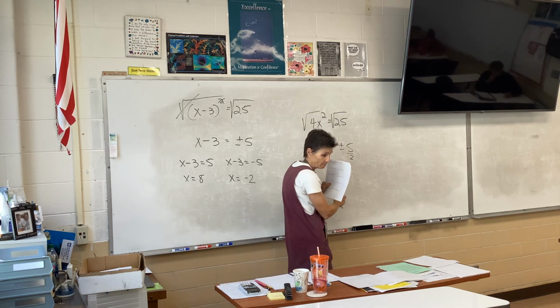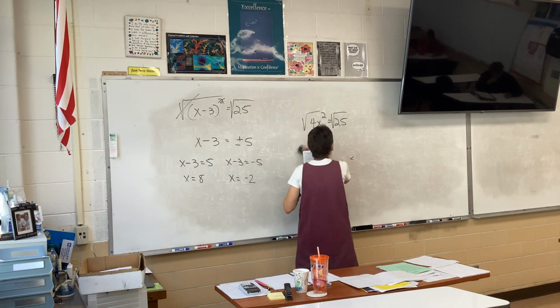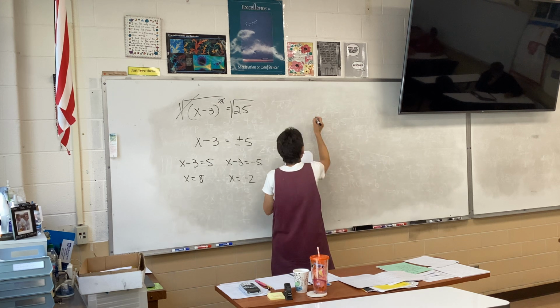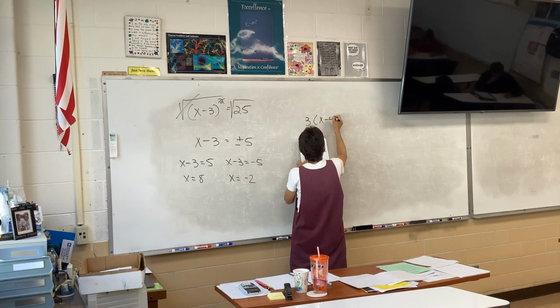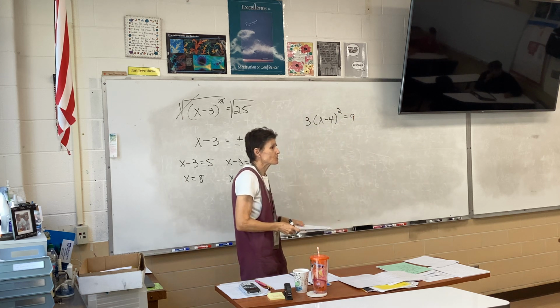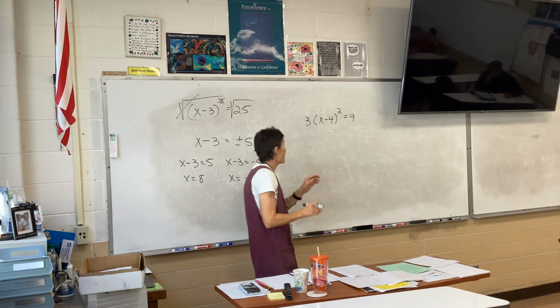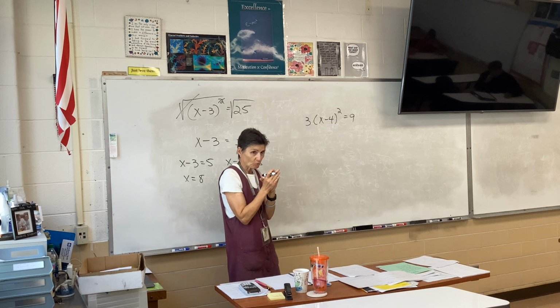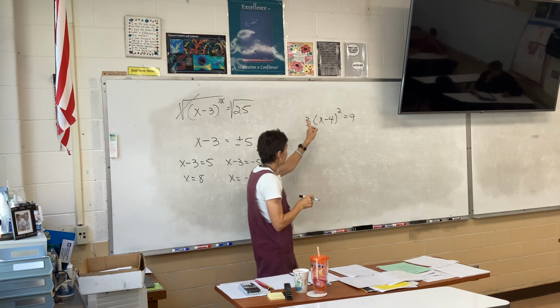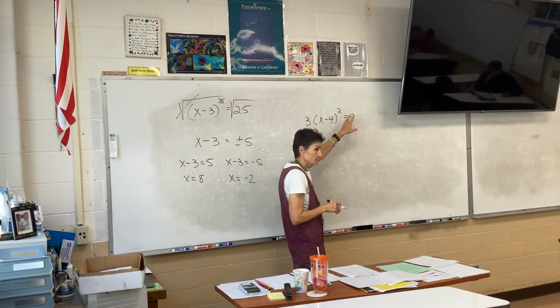What about C? We'll do this one and then stop. What do you think we might want to do first? Now, be careful. You mean distribute the 3? Yeah. You can't distribute if the quantity is squared.